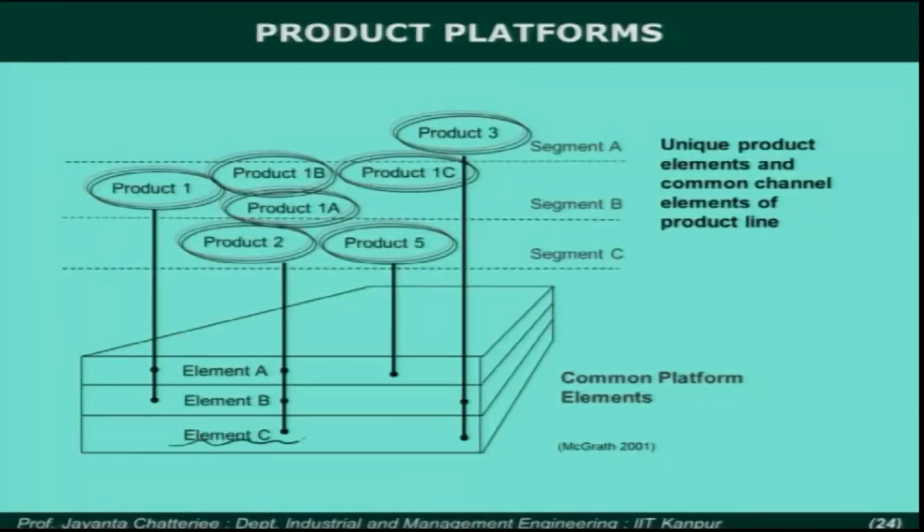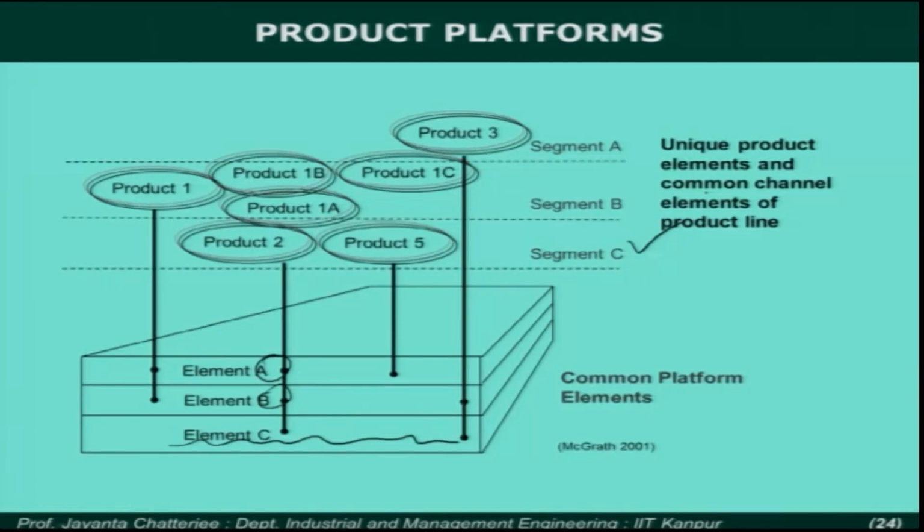Now there, as you can see, you can have some elements. So element C is the fundamental element. Now, you may need to add some element B and some element A, by which it becomes a range of product which will be very good for, say, the food processing industry.